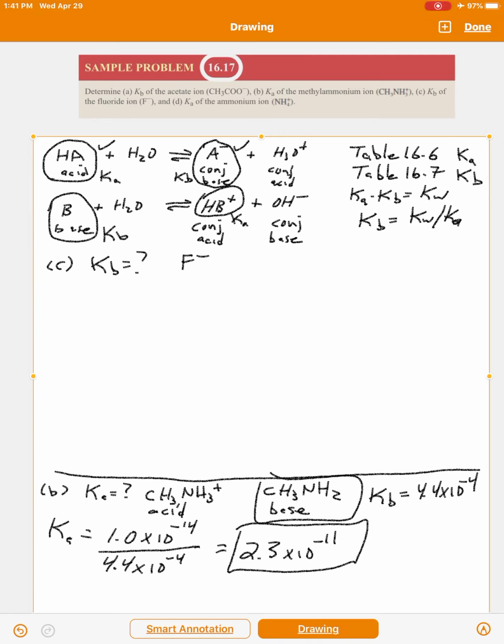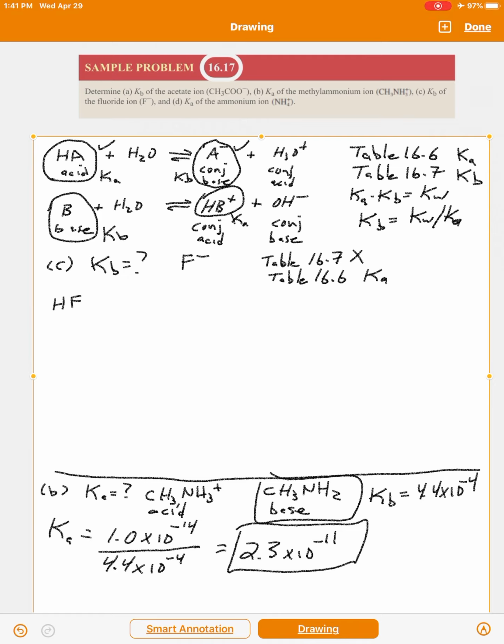If we can't find the fluoride ion in table 16.7, we go to table 16.6 and look up the Ka value for the conjugate acid. You just add an H+ to it. So H+ and F- gives you HF, hydrofluoric acid.